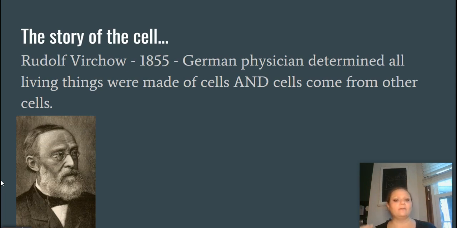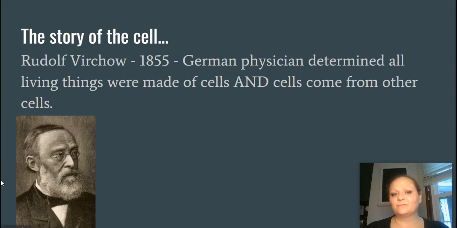He figures out that tuberculosis doesn't just randomly appear, that you have to have a bacteria to cause it, or something that leads to the illness. And so he creates this whole germ theory protocol, which is really amazing. And we will definitely address that at a later time this year. But for the moment, what you need to know is that Virchow is the one that determines cells have to come from other cells.